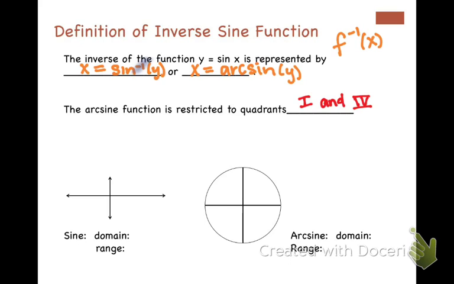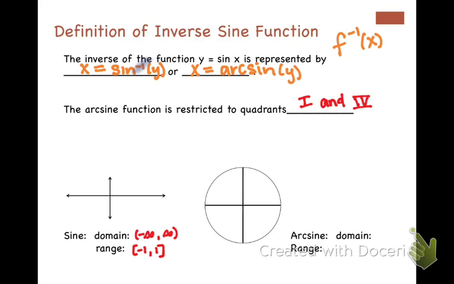So the domain for sine, the original function for sine, is all angle values. So we would say this goes from -infinity to +infinity. The range, however, can only go up to 1. So we can go all the way down to -1. We can go up to +1. So that's my range.